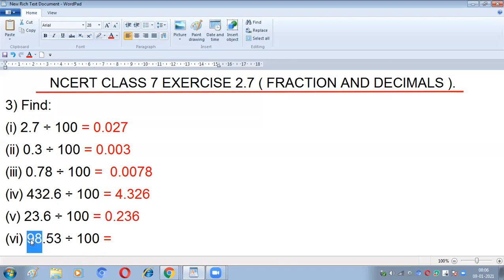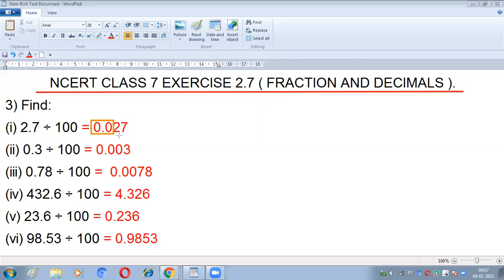We will remove the 98 and put a decimal point before the 9. So our answer will be 0.98553, and since there is a point we have to put a 0 before the point. So our answer of the sixth bit will be 0.98553.